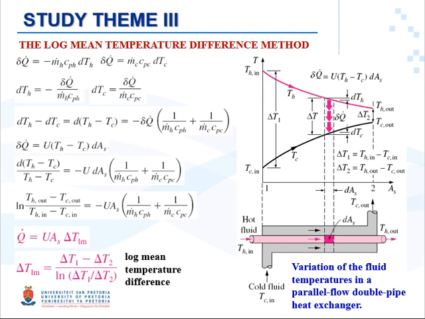The inlet and outlet temperatures of the hot and cold fluids are given, and we know that the temperature difference between hot and cold fluid is large at the inlet but exponentially decreases toward the outlet.